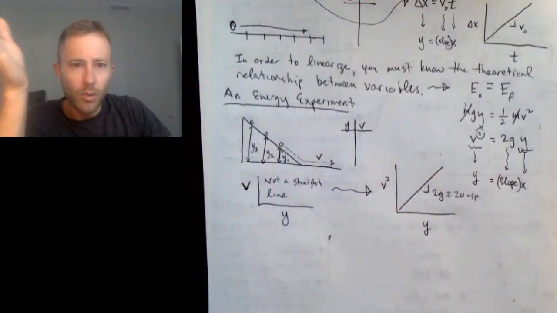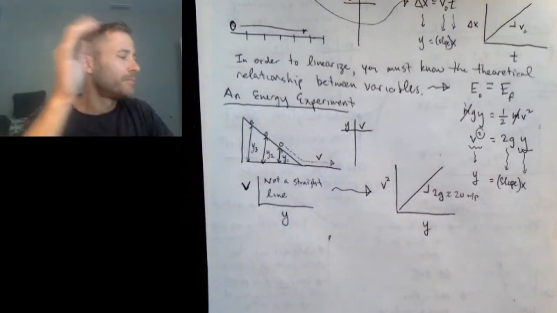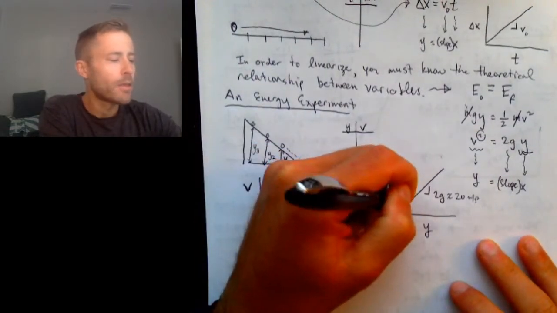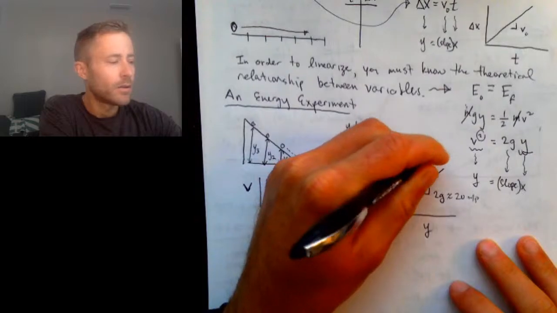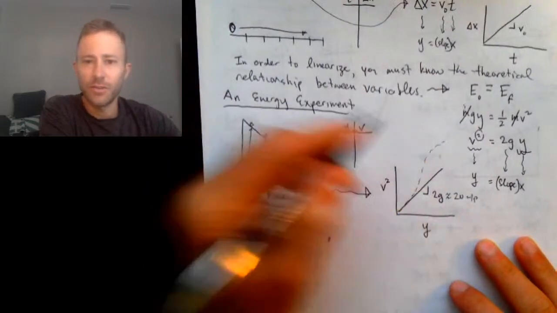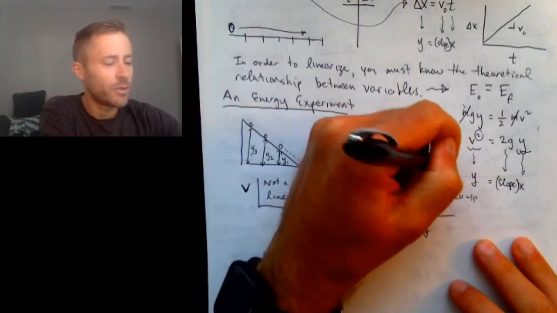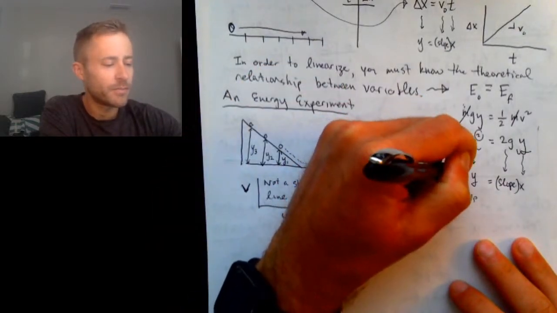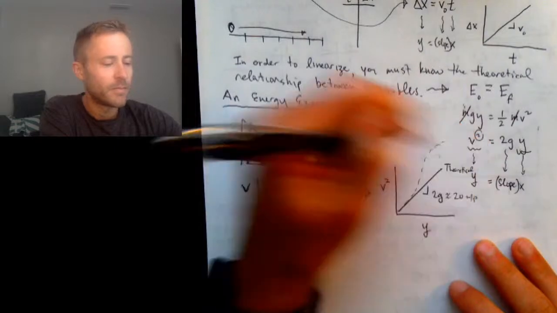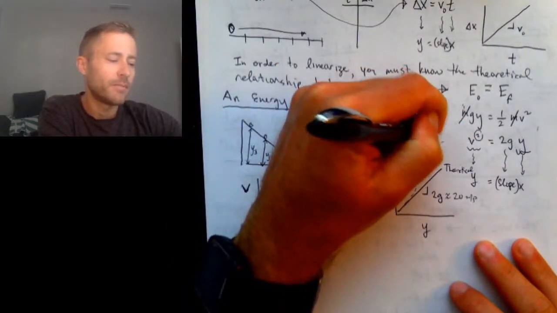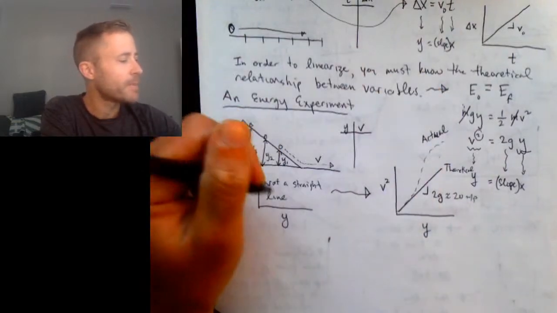Now, what would happen if your data looks like this, so that it's obviously not a straight line? So this is the theoretical relationship, and what if this is the actual collected data?